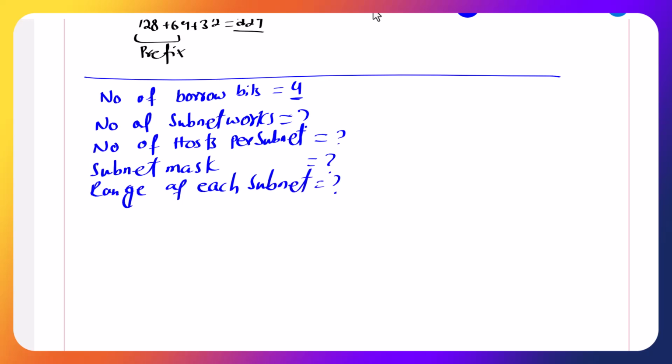These are the values which we will try to find after borrowing different numbers of bits. First we have to find this, second this, and fourth.